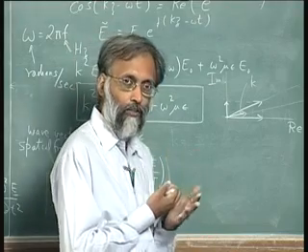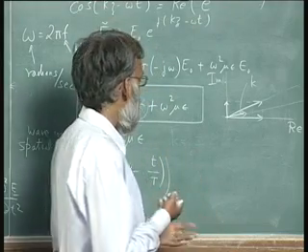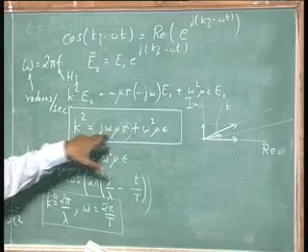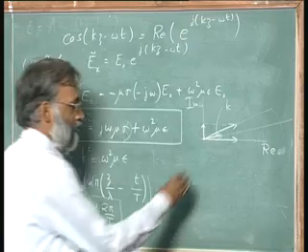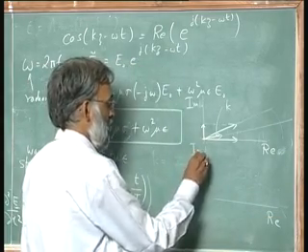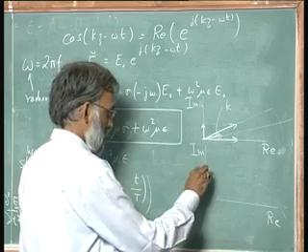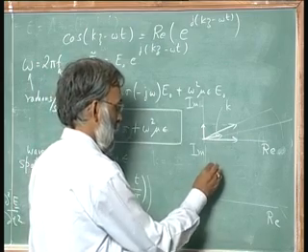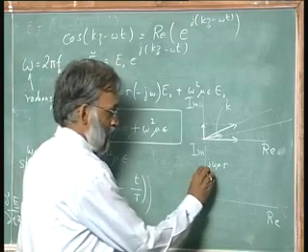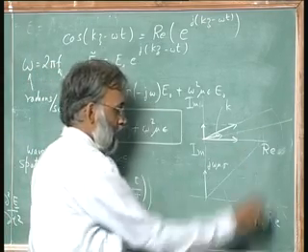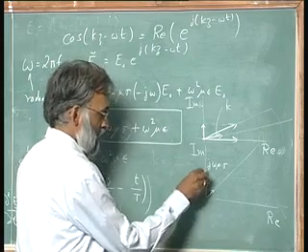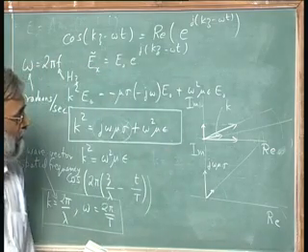So, when you go inside copper, almost all the time this term dominates. Since this term dominates, I have a situation that looks like this. This is the real axis, this is the imaginary axis, and I have j omega mu sigma. The square root must bisect this angle, and it has a value that is the square root of this value.